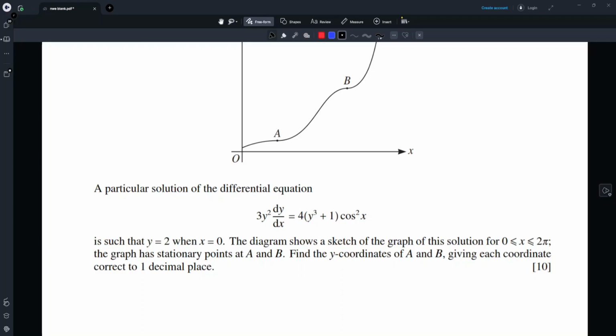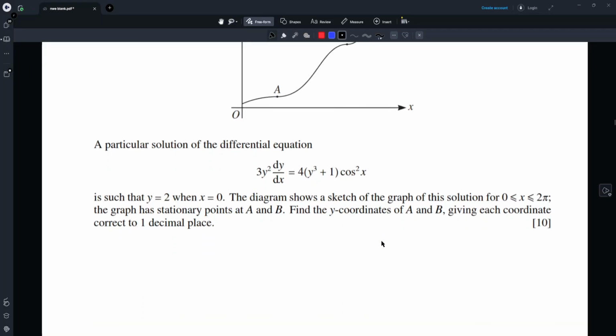So the first step would be to find the values of x. So what we get is something like this.